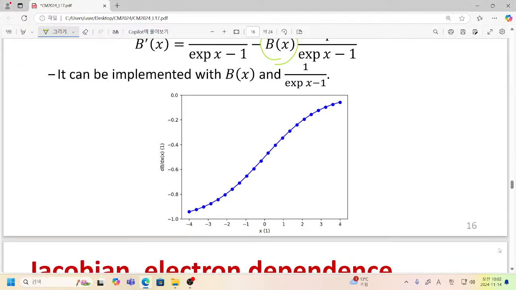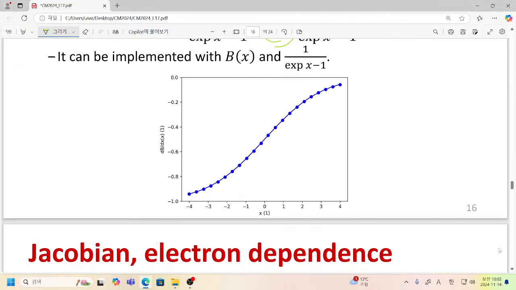So you can see that this is dB over dx, and although it looks like it is going up, please note that this is 0. So dB over dx always shows a negative number; it is a monotonically decreasing function.